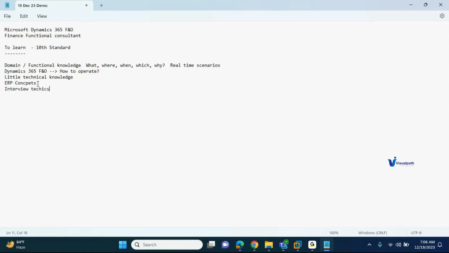These are techniques you need to apply to get a job. Apart from this, you need to have commerce knowledge. I'm not going to teach you all accounting functions, but I'm going to teach you the difference between debit and credit.